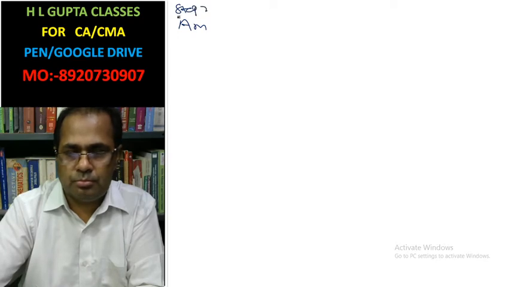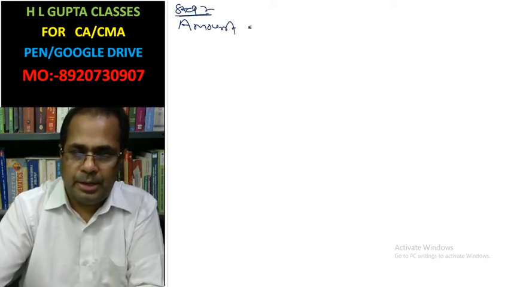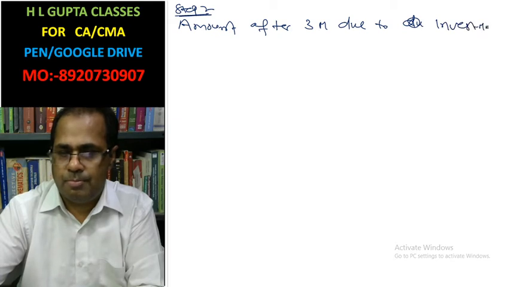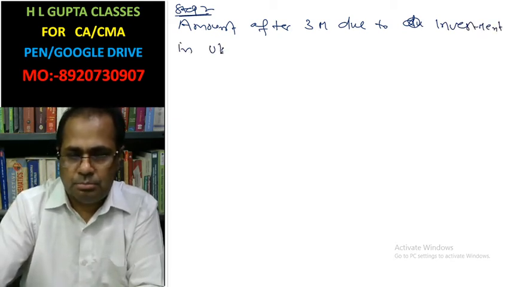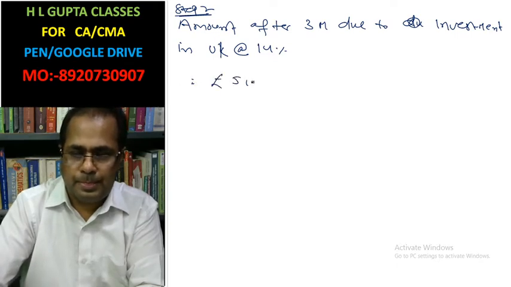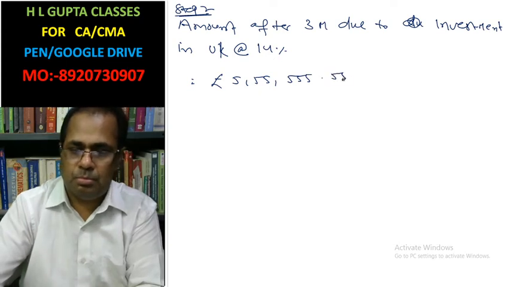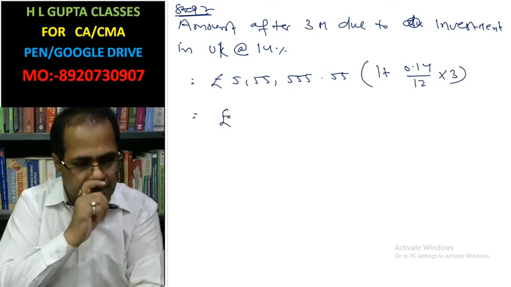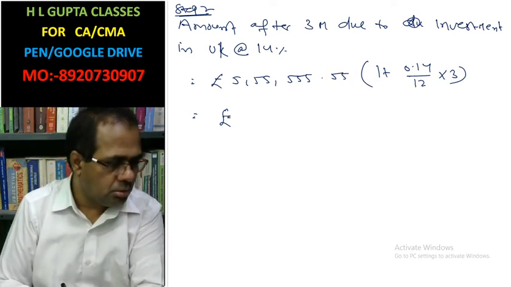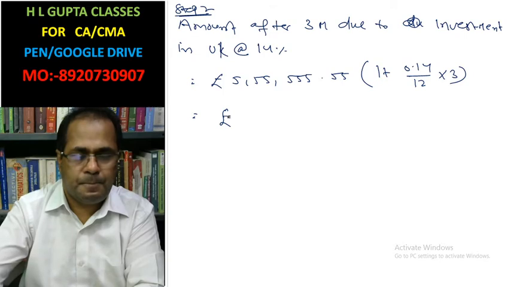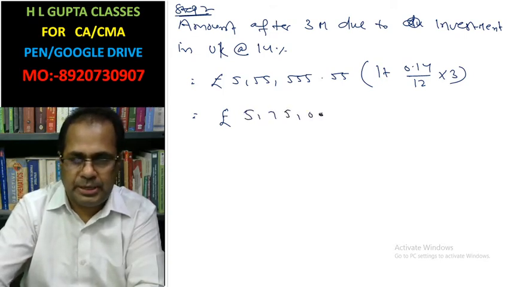Step 2, amount after 3 months due to investment in UK at the rate of 14%: 5,55,555.55 into 1 plus 0.14 divided by 12 into 3, which is pound 5,75,000.